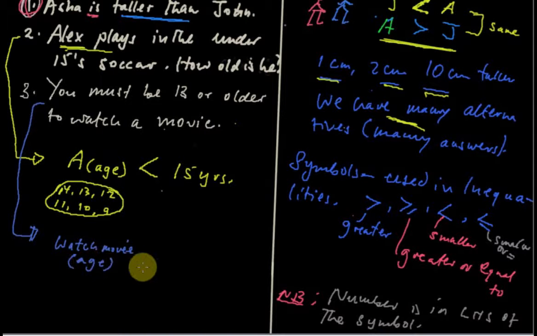This age must be greater than 13 years. So anyone who wants to watch a movie must be greater than 13 years. So it must be 14, 15, 16, 17, etc.